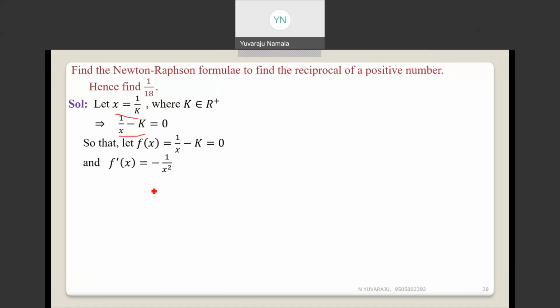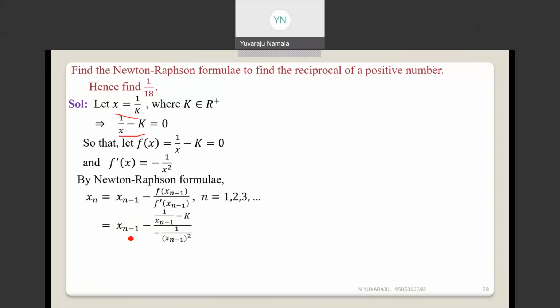Now using the Newton-Raphson formula, substituting here, xn is equal to xn minus 1 minus f of xn minus 1. Replacing x with xn minus 1, that is 1 by xn minus 1 minus k, divided by f dash of xn minus 1, which is minus 1 by xn minus 1 whole square.